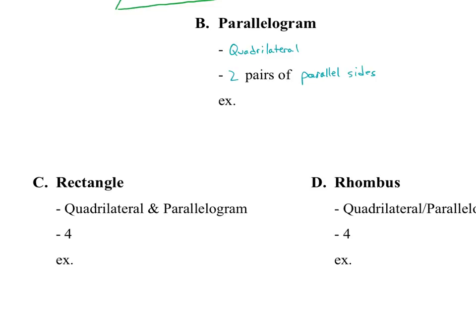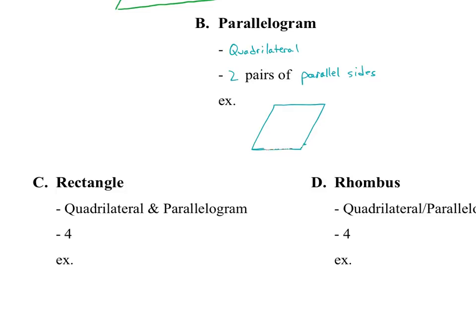Usually when teachers or books draw this, they'll do something like this here, and then draw the other side something like that. I think my bottom's sloping upward a little bit, so that might make it look a little better. And so a parallelogram would be something like that.